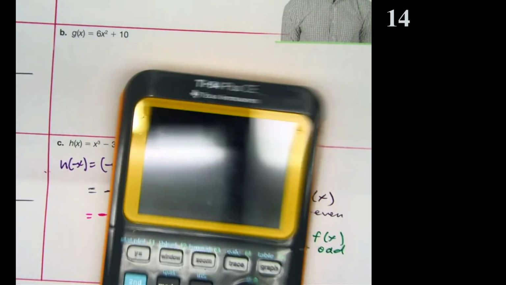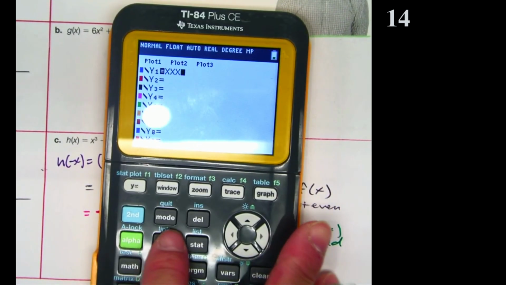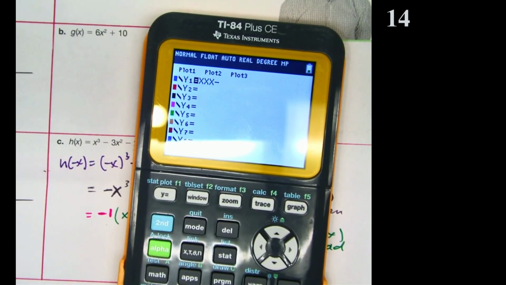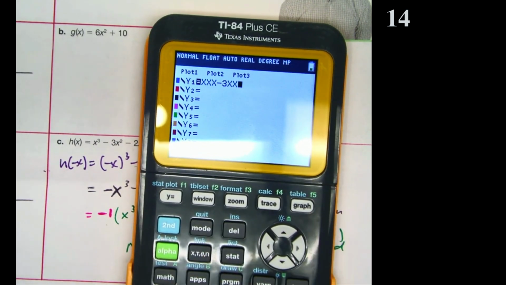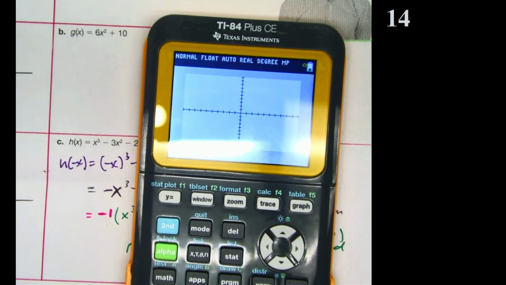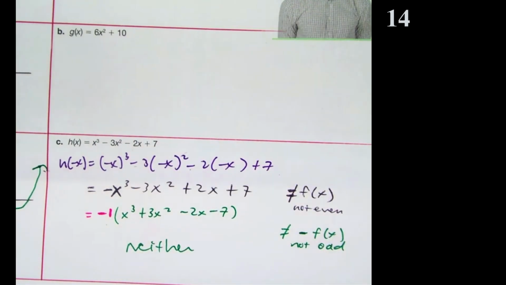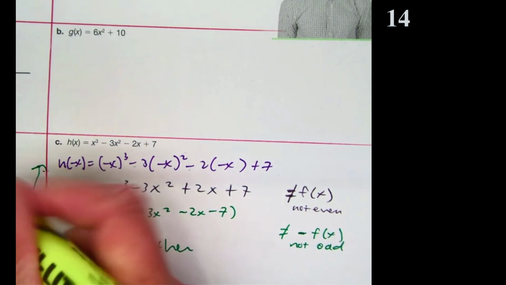Now if you graphed it, x to the third minus 3x squared minus 2x plus 7. And I'll prove to you that it is neither.